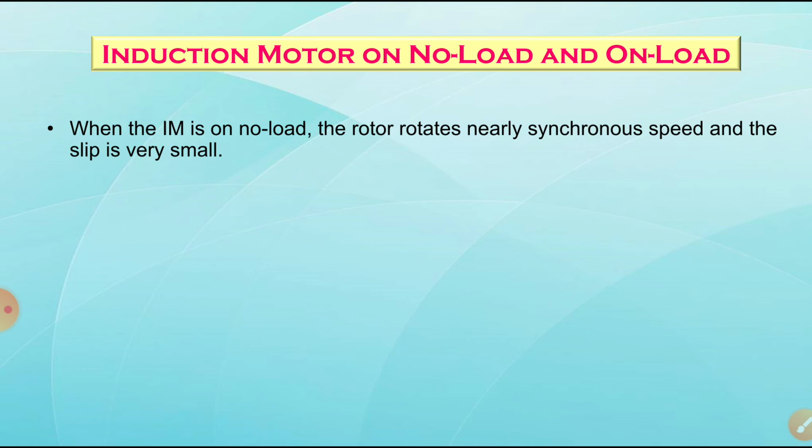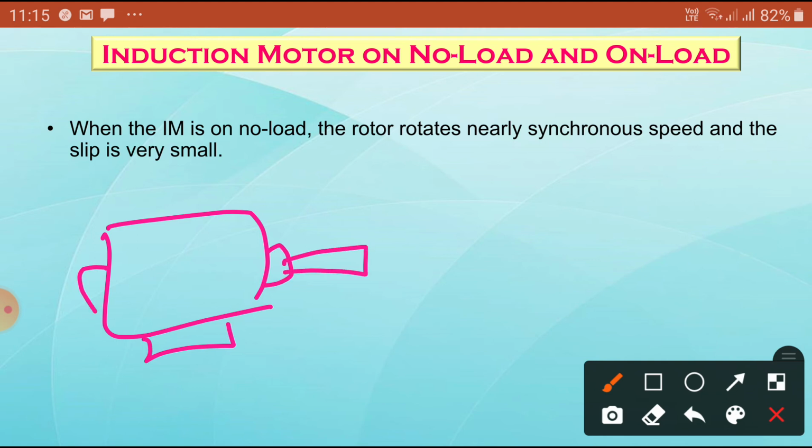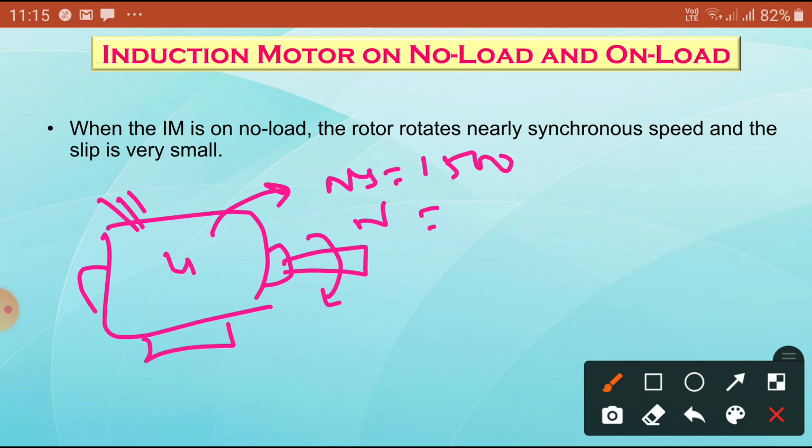Now you can see another case. When the induction motor is on no load, what will happen? The rotor rotates at nearly synchronous speed and its slip is very small. Initially, when the 3-phase supply is given, the rotor rotates at a speed. For example, for a 4-pole machine, ns is equal to 1500 rpm, and n is 1440 rpm under no load condition.